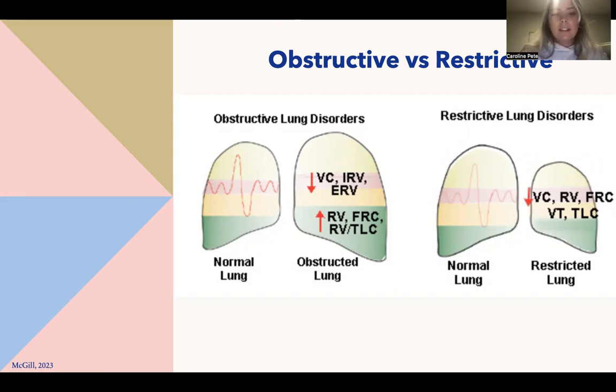Like we discussed, this is because there is a decreased flow of air. And then right here in the restricted lung, you can see it appears smaller than the normal lung, with all the capacities and volumes decreasing. This is a result of inability to expand the lungs.